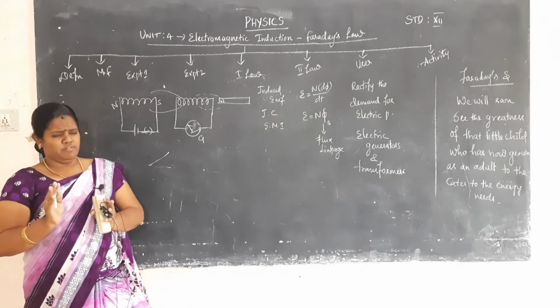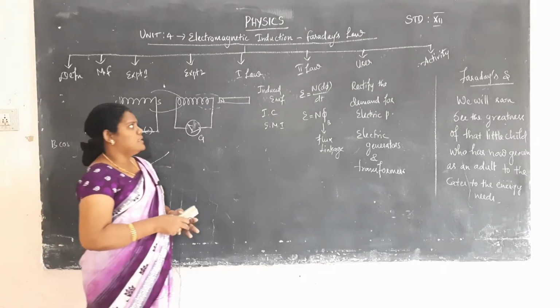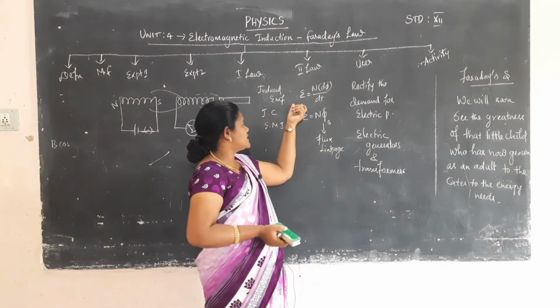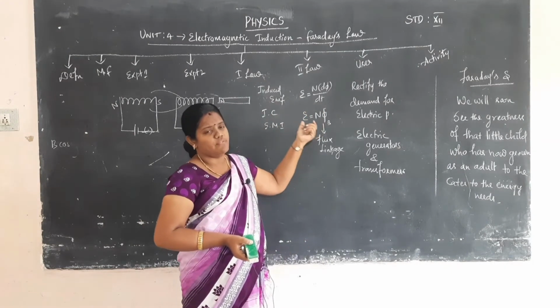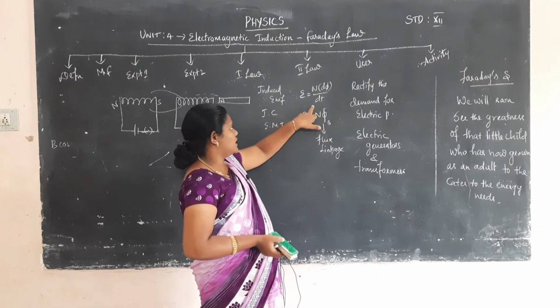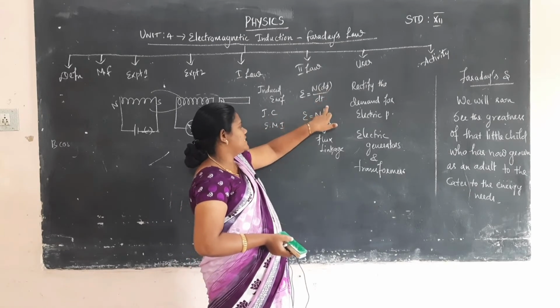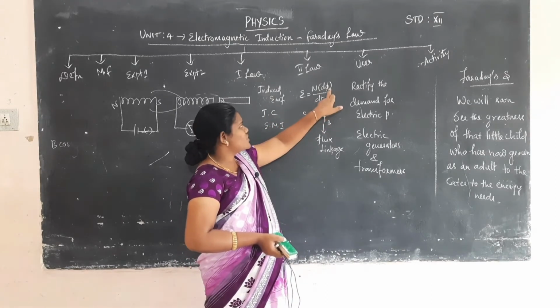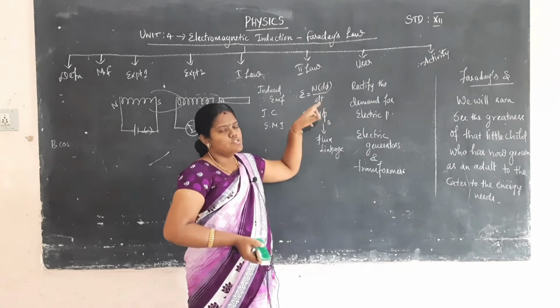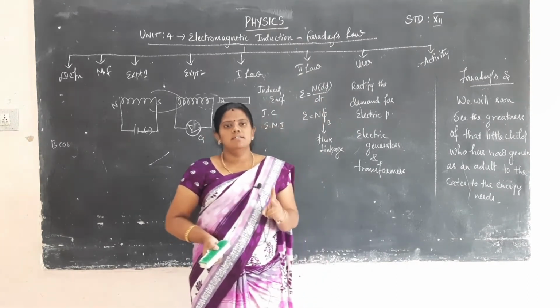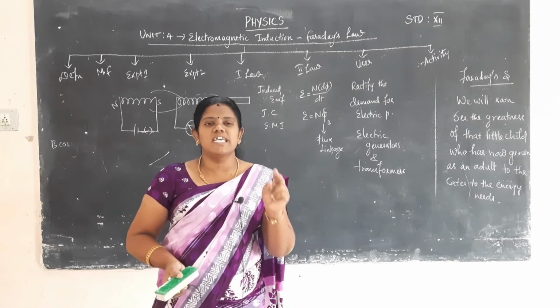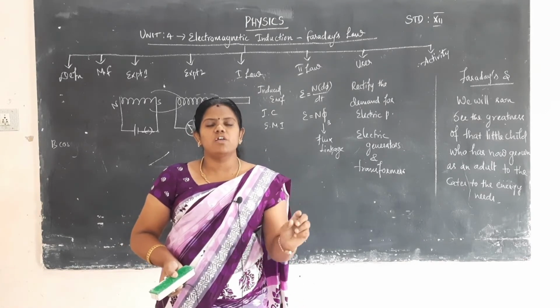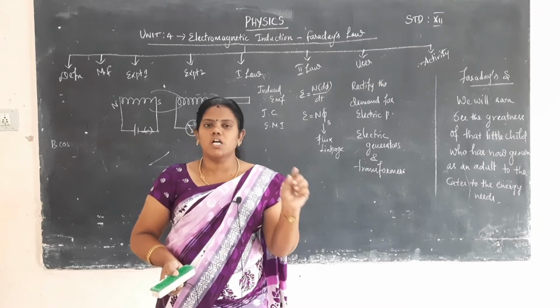So Faraday's second law states that the induced EMF is equal to d phi by dt, the change of magnetic flux at a particular time. The magnitude of the induced EMF is equal to the time rate of change of magnetic flux linked with a coil.